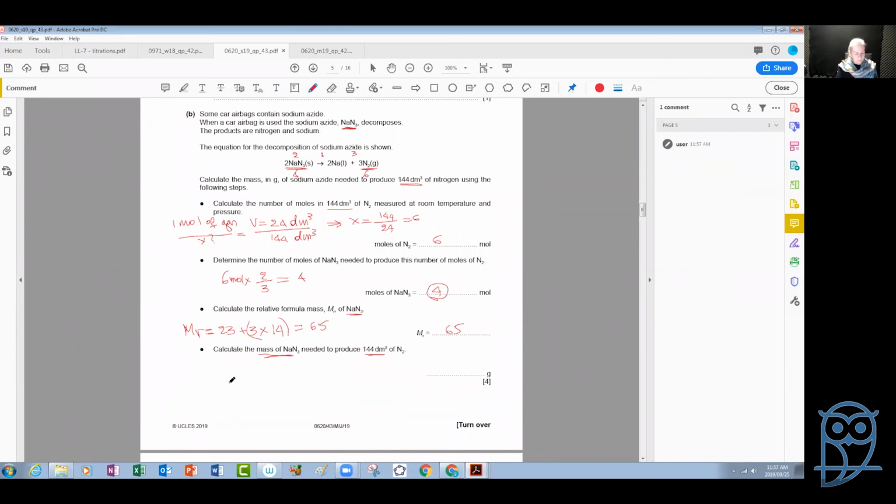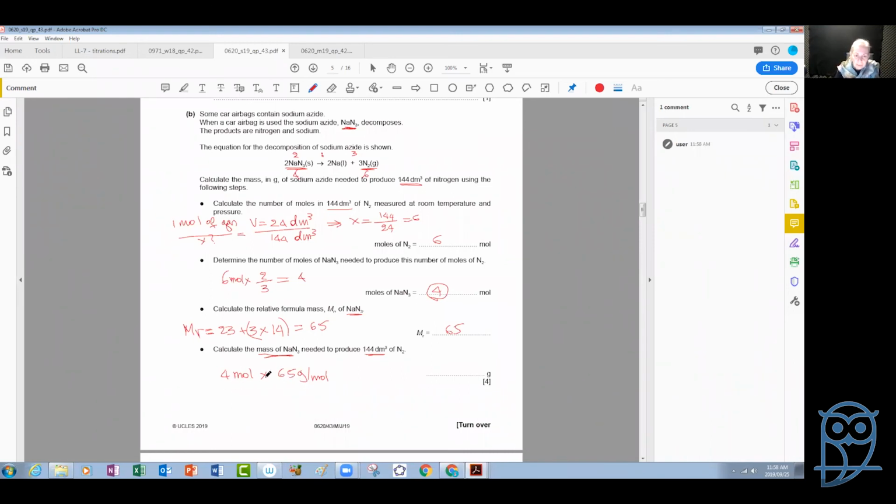We have 4 moles, and each mole has a mass of 65 grams.